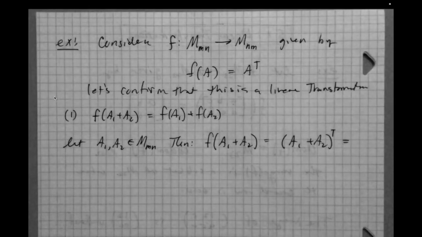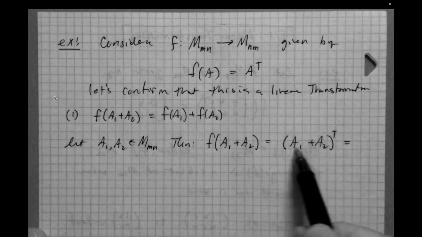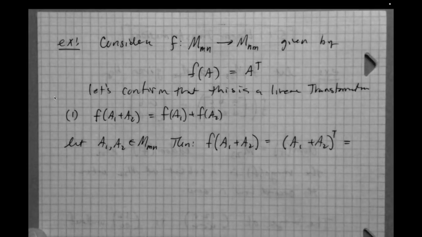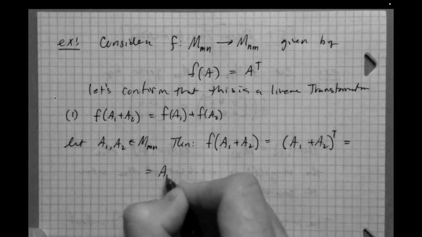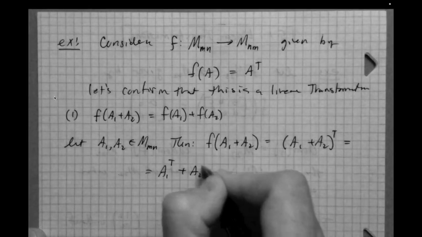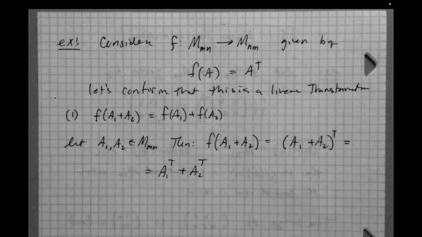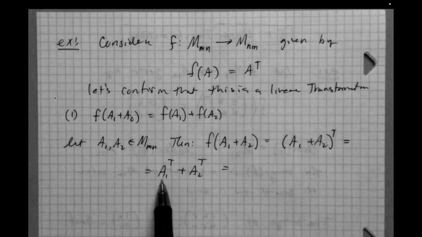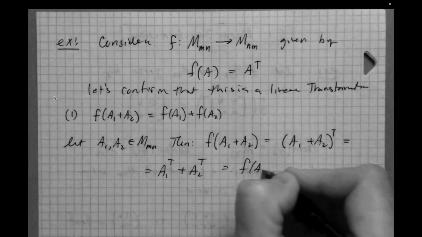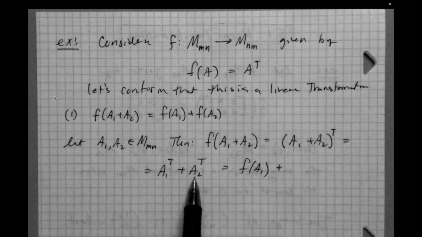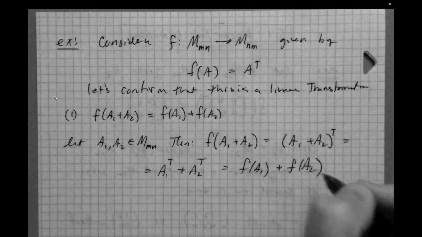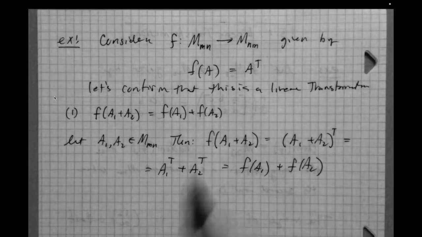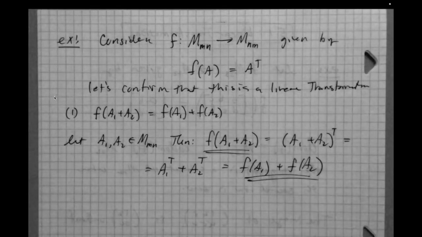What we said was that if you have a sum of two matrices and you transpose the sum, it is equal to A1 transpose plus A2 transpose. You can separately transpose and then add them. We saw this early on. So this is just F applied to A1, and this is just F applied to A2. That's what we need to show. This is the first property of a linear transformation.